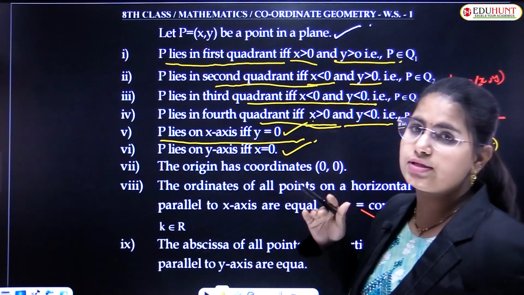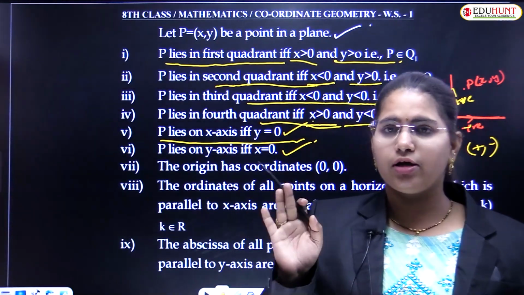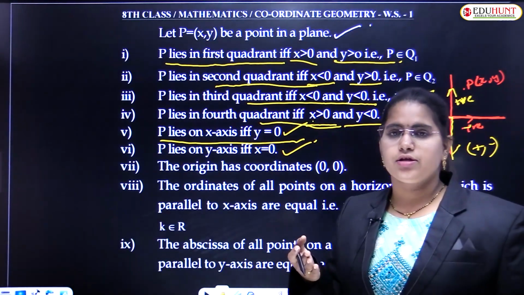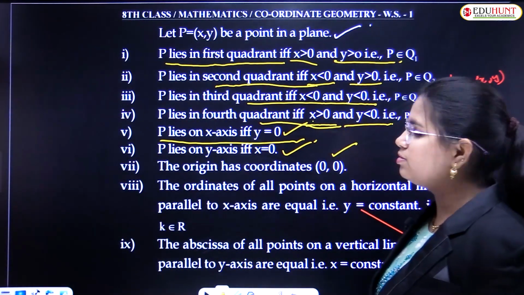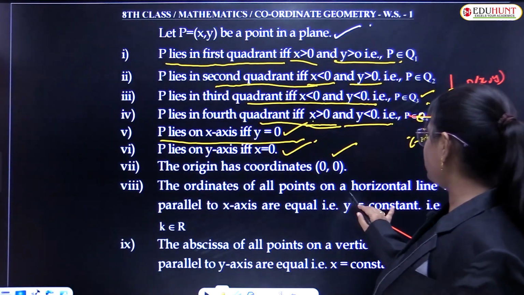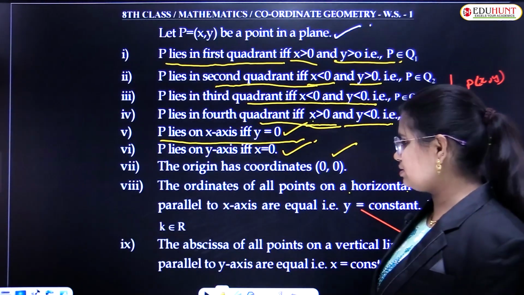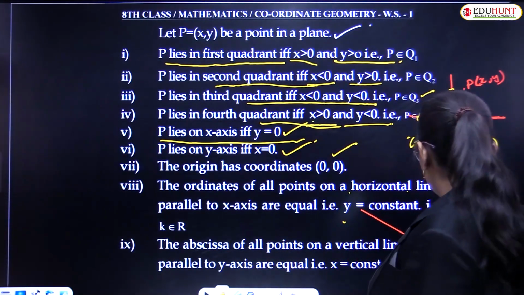I told you the origin is nothing but the point of intersection of two perpendicular lines, that means the x-axis and y-axis, right? So exactly at the origin you will have the coordinates 0, 0. Done. Next, the ordinates of all points on a horizontal line parallel to the x-axis are equal to y equal to a constant. A very good point.